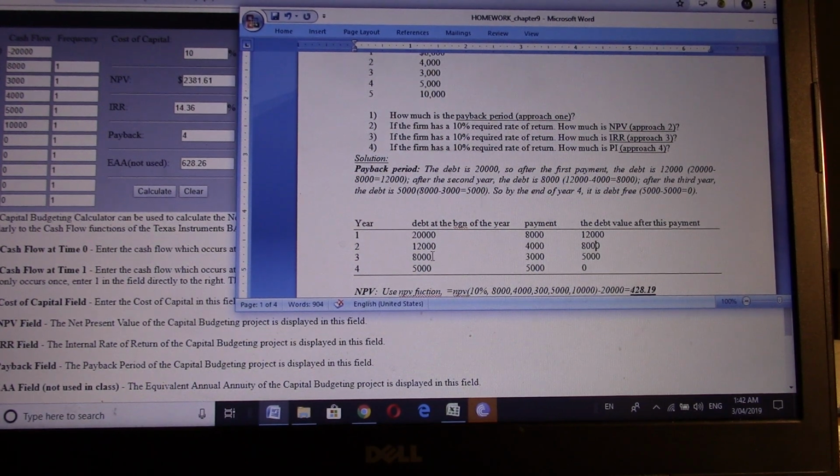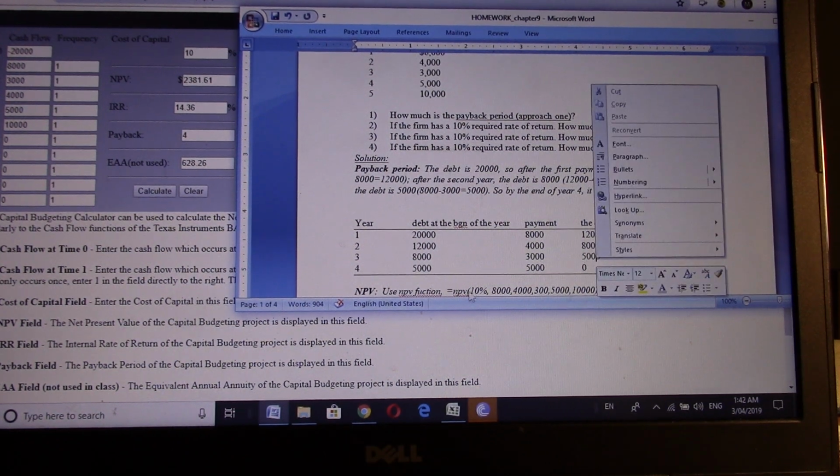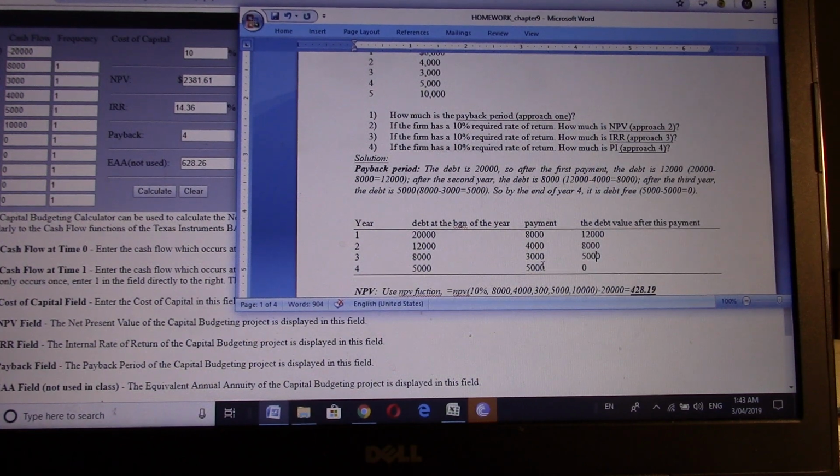At the beginning of the third year, your debt is $8,000. You make $3,000, so after the third year, you still owe $5,000. Since your fourth year's cash flow is $5,000, and your debt is $5,000, you paid it off completely. After year 4, you're debt free. So the payback period is 4 years in this case.